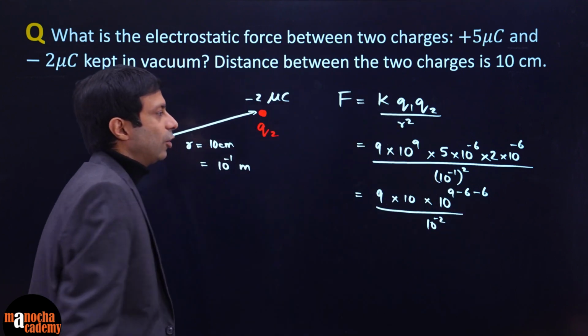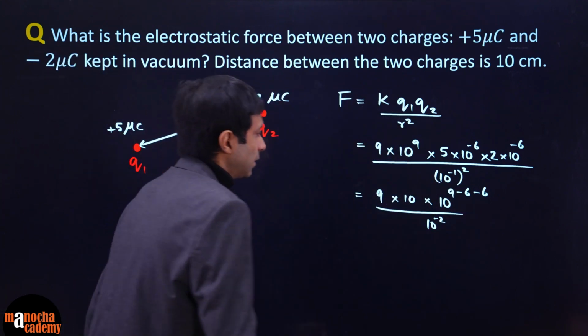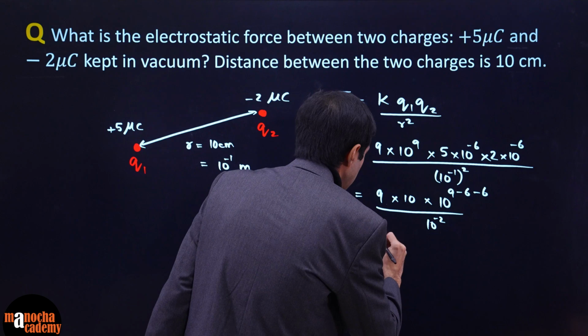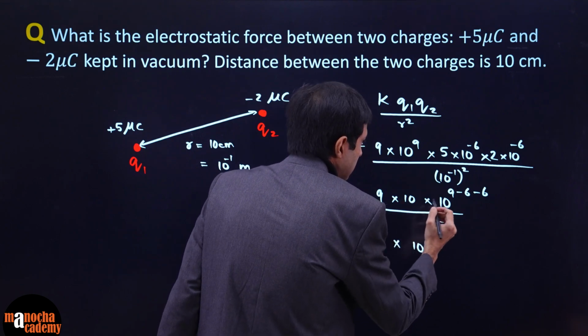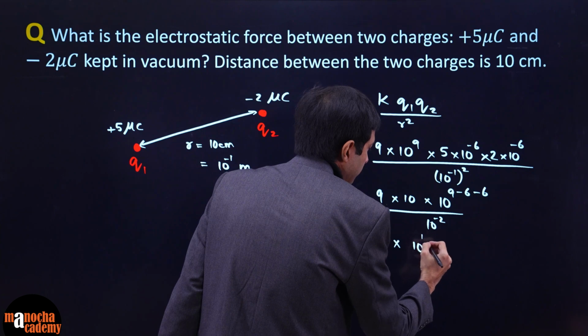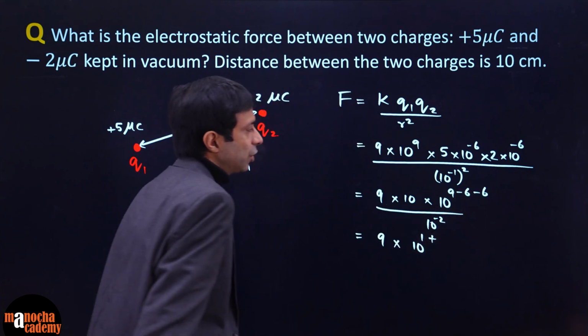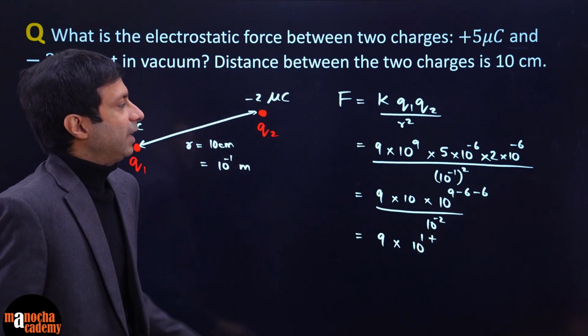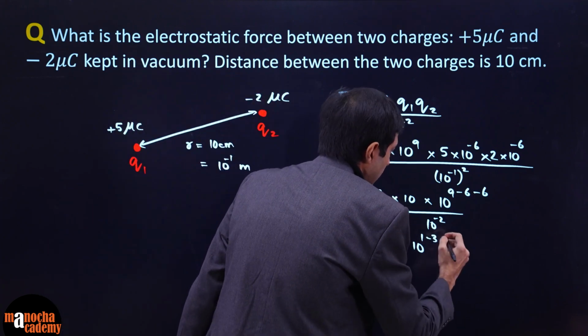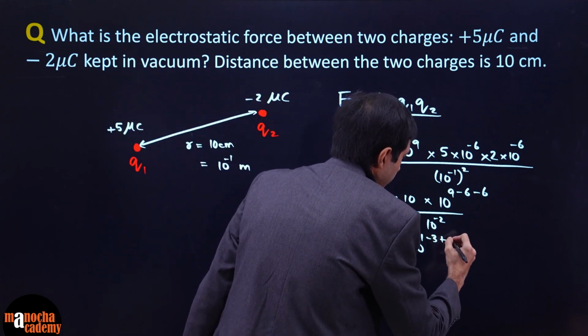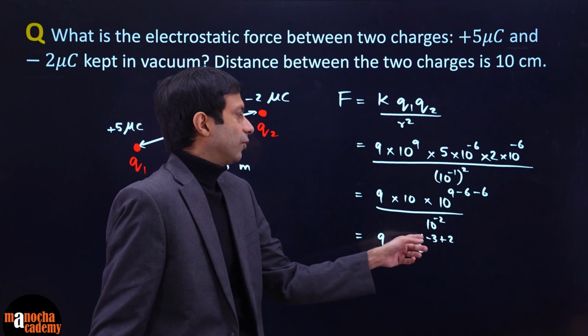Now this is in the denominator, so it will become 10 to the power plus 2. So basically we have 10 to the power 1 plus 9 minus 12, that's minus 3, and the plus 2 goes on top, right? So you can see that will all cancel off, 3 minus 3.